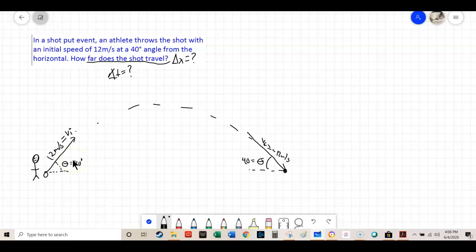Before we can do that, we need to manipulate this right here, because we need to find its initial velocity in the x direction, which will also be its final velocity in the x direction as well.